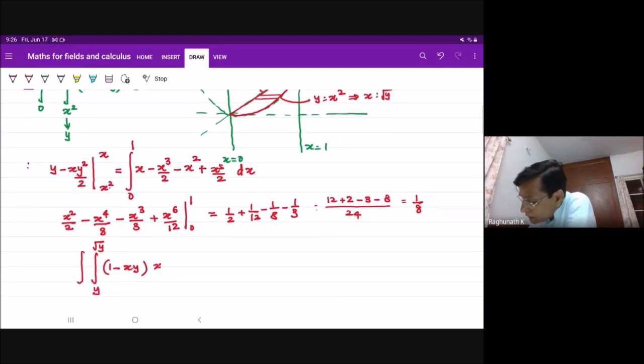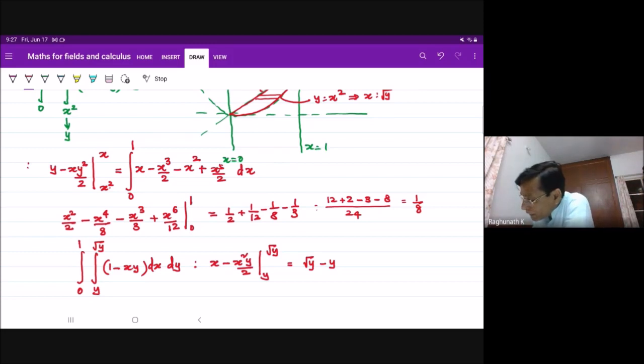Please check whether things are clear or not, right? 0 to 1, which is x minus x square y by 2 from y to root y, which is equal to root y minus y minus y squared.